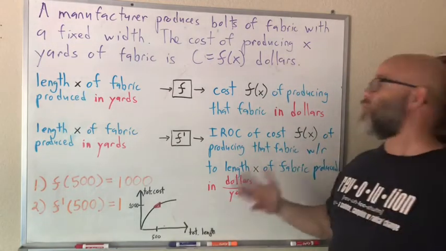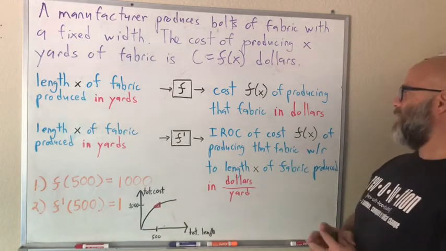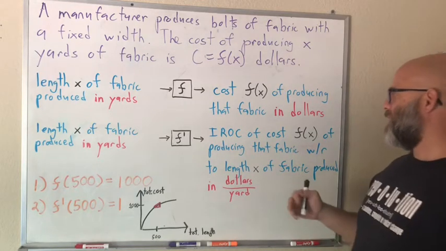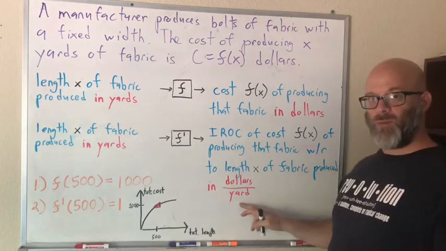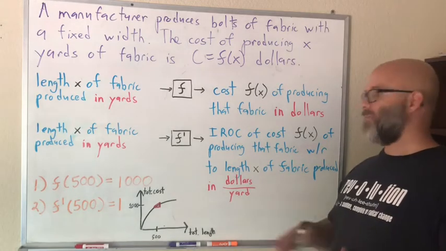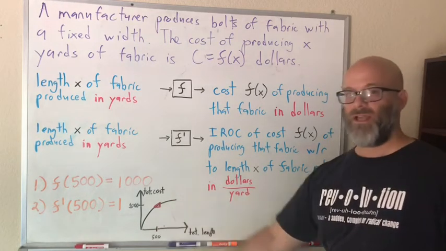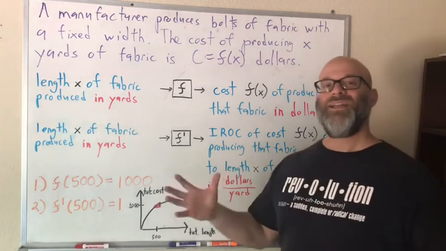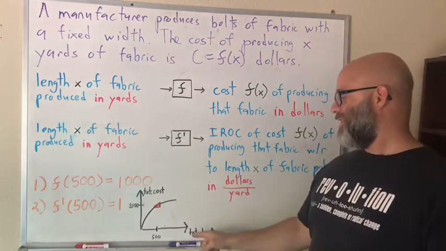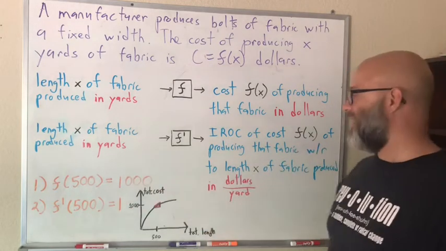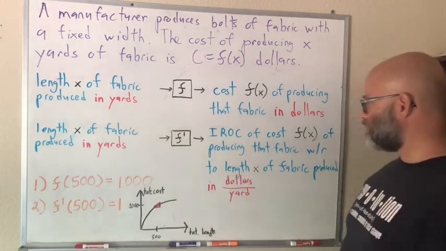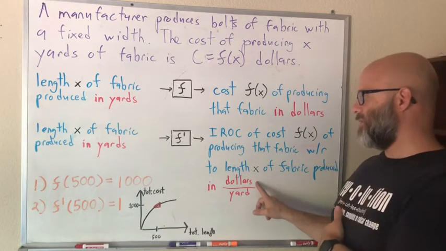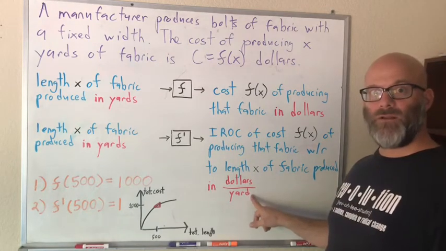There's an average rate of change of 2. What does that mean? In producing 500 length worth of fabric over that interval, it's going to cost you on average $2 to produce every yard of fabric.